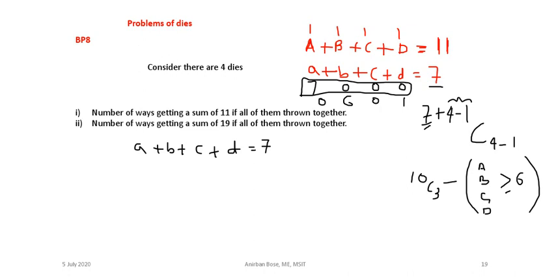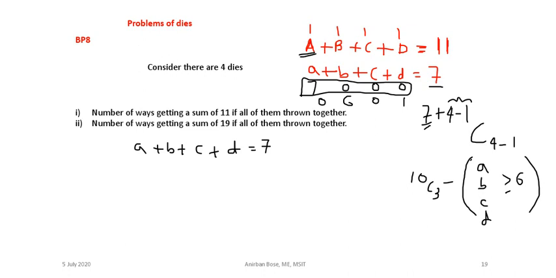Now small a, b, c, d, what is the restriction? You tell me. Small a, b, c, d cannot be 6. Capital A definitely can be 6, but small a, b, c, d cannot be 6 or more than that, because if small a is 6, or small b is 6 or small c is 6, that means capital C is 1 more than that, which is not allowed.